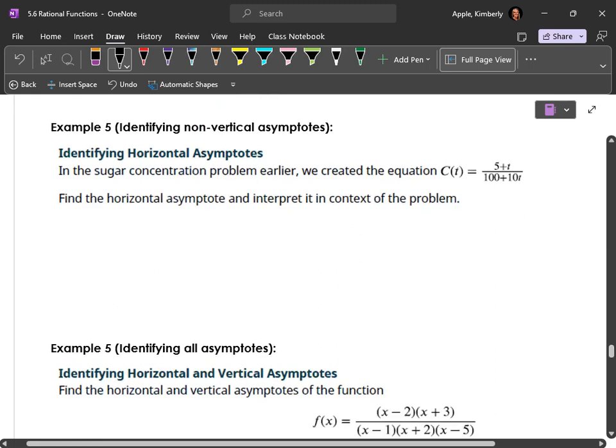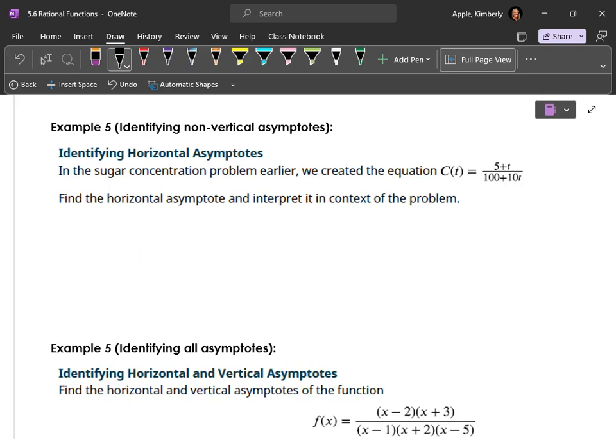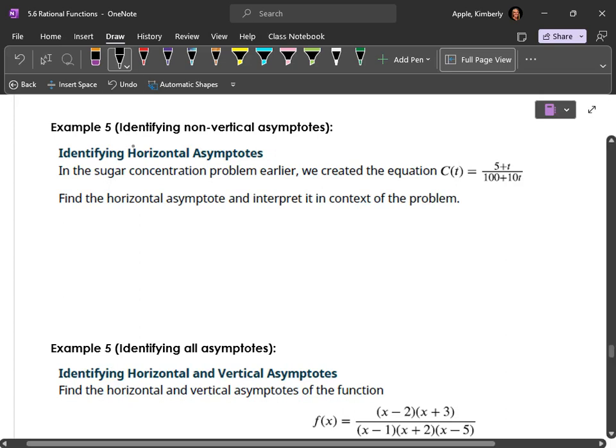So example number 5, identifying non-vertical asymptotes again, and then we're going to actually apply this. And so the non-vertical asymptote in this case is a horizontal asymptote. And so if we rewrite this in the proper format so we can easily see the leading coefficients, we'll see that the ratio of the leading coefficients is 1/10.